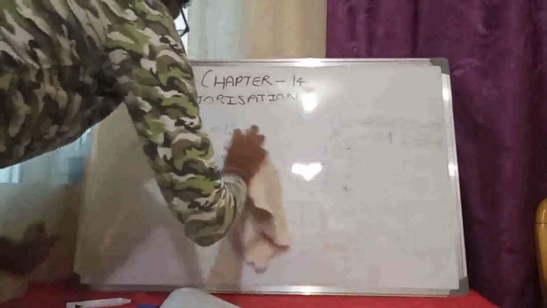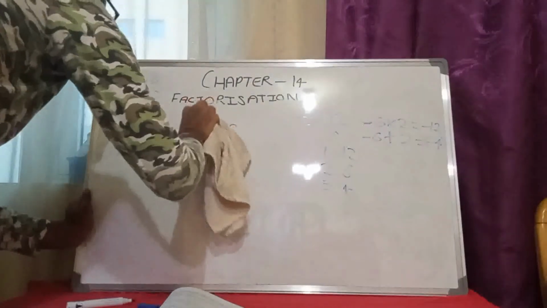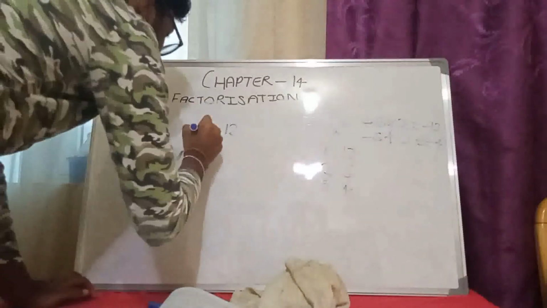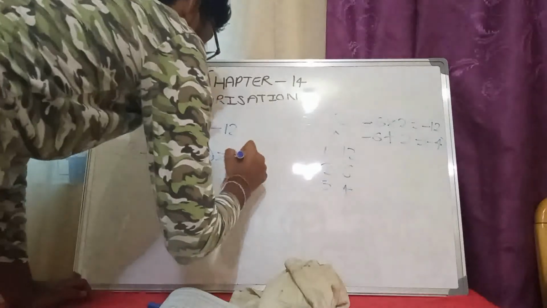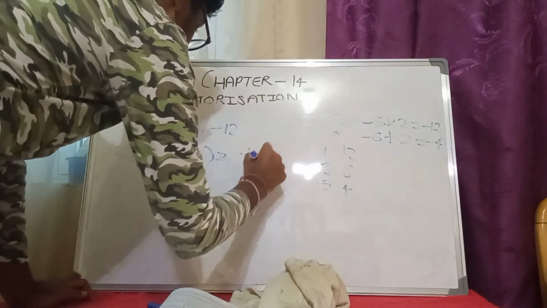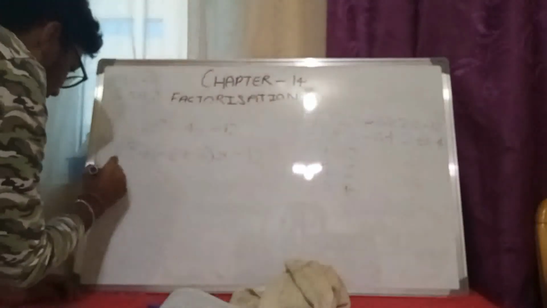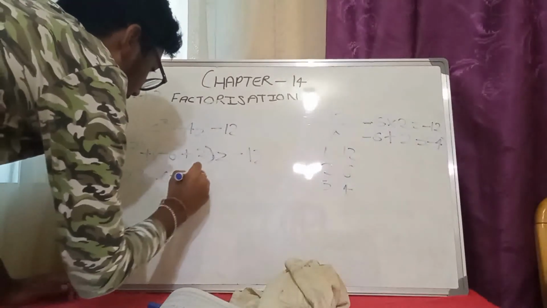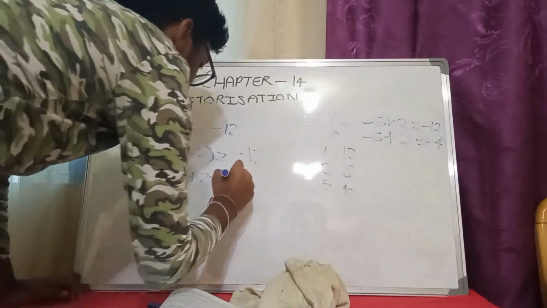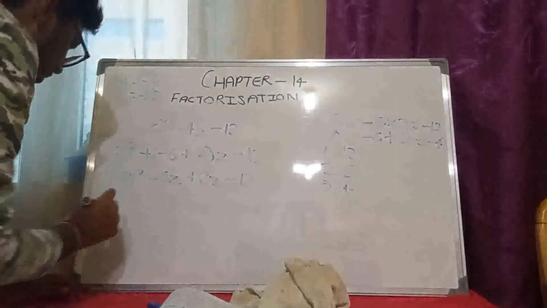Sorry, it's not y. That should be z, and this will also be z, and then this will be minus 12. So when we take it like this, it will be equal to z square minus 6z plus 2z minus 12.